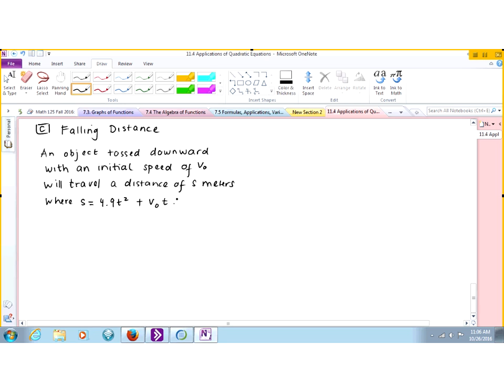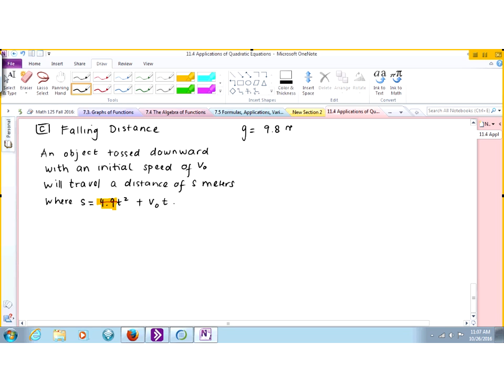Yeah. So if you throw an object, boom, like with a force, then the distance that it will travel depends on the initial speed and what else. So why, if I throw it, does it go down and not up? Gravity. So this is gravity, 4.9. Actually no, this is half of gravity. Okay. So do you know what is the Earth's gravity?